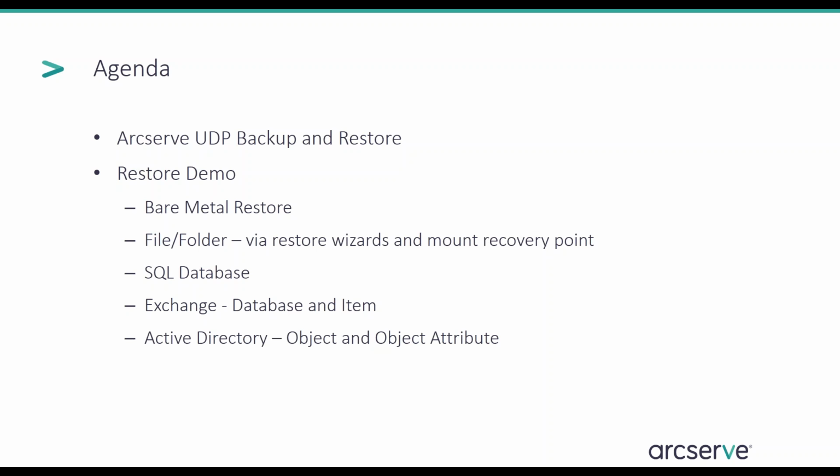We'll look at how to restore a SQL database and Exchange database, and we'll also look at restoring Exchange items such as individual emails, calendar items, contacts, and more. And we'll also take a look at how to do Active Directory object and object attribute restores.